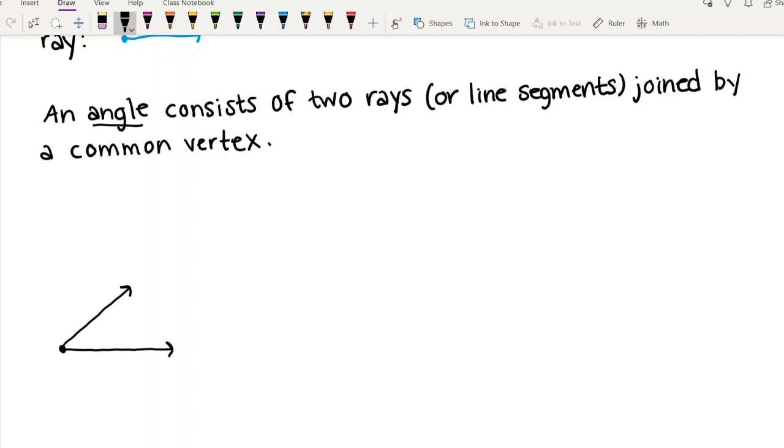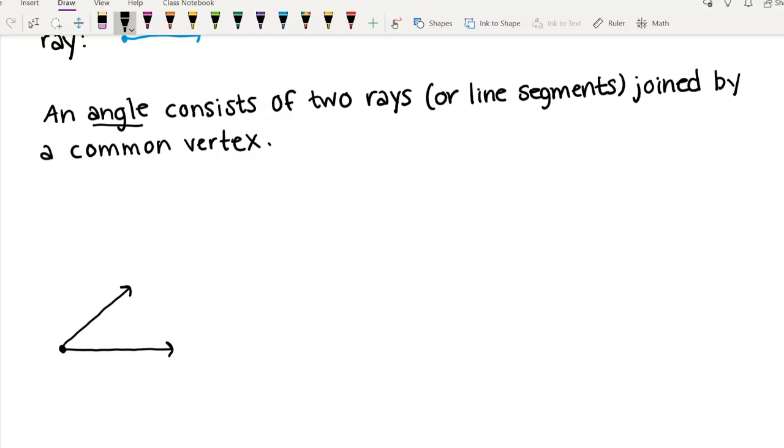And those angles within the triangles didn't go on forever and ever because they were within a triangle. But typically when we draw an angle, like what I have drawn here below, if you're just drawing the angle by itself, you are typically going to extend the endpoints with this arrow to signify that they're going on forever. Okay, so we have two line segments joined by a common vertex.